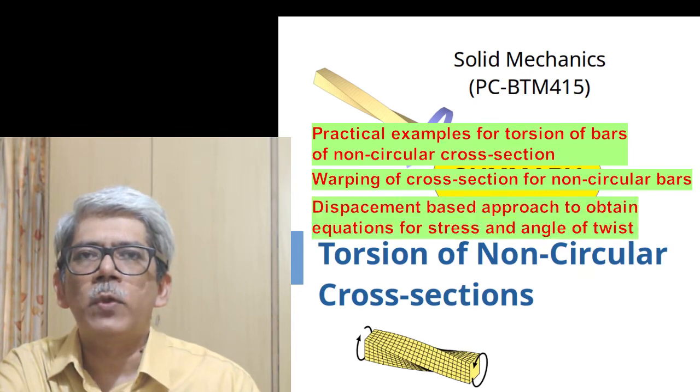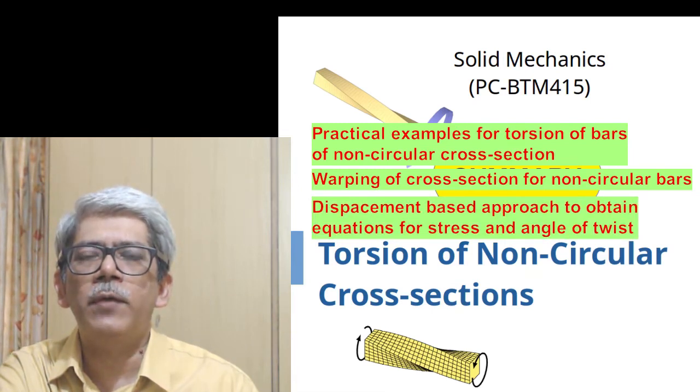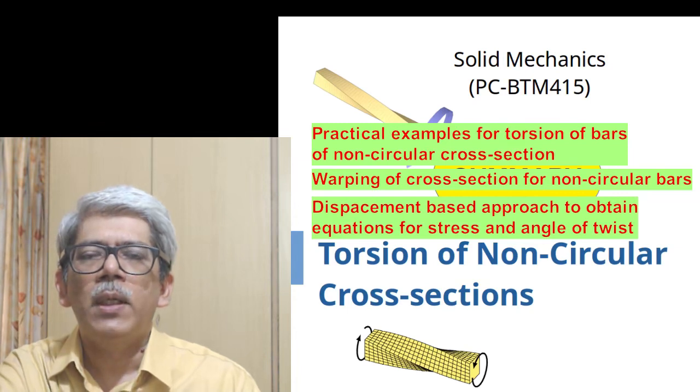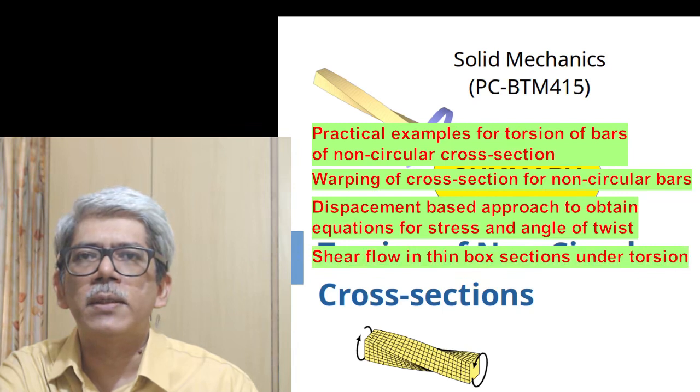The displacement-based approach can be used to obtain expressions for the stresses and angle of twist in terms of warping function, which is specific for a given geometry. We have also seen an approach based on shear flow which simplifies the stresses and deformation calculations for torsion of bars with thin box cross sections.